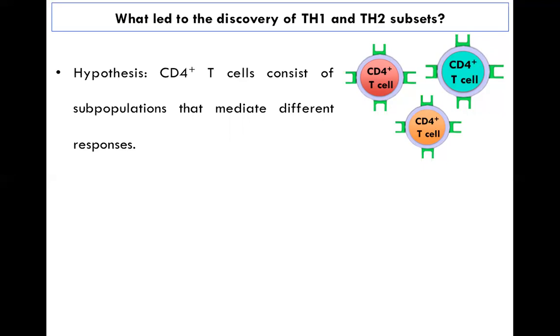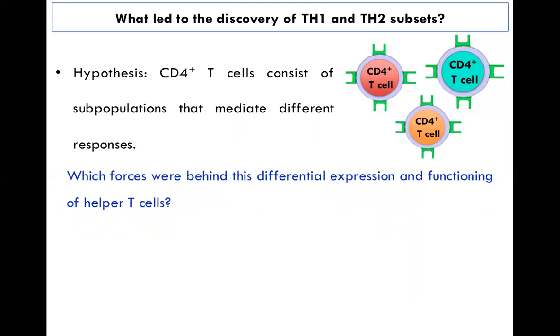Because they are giving different responses, within these CD4 positive T cells there may be different populations: a certain population responding to helminths and a certain one responding to mycobacterial infection. So which forces are behind the differentiation, expression and functioning of helper T cells?